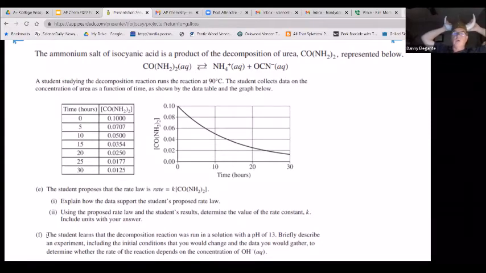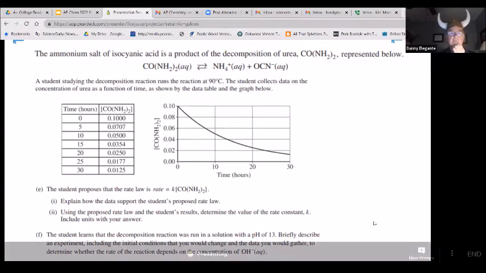And if it's 1, then that's first order, right? Because if it has an exponent of 1 in the rate law, then it's first order. Explain how the data supports the rate law. Using the proposed rate law and the student's results, determine the value of the rate constant K. Include units with your answer. Okay, so I have to find K with units.